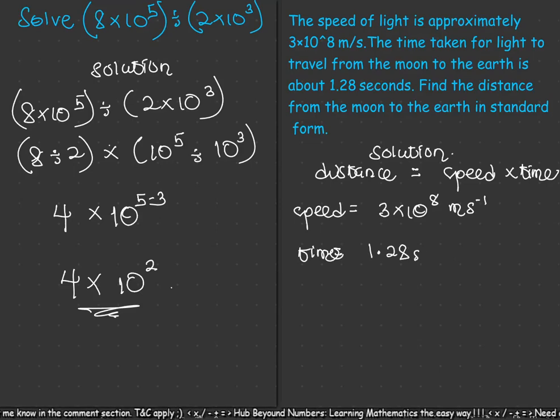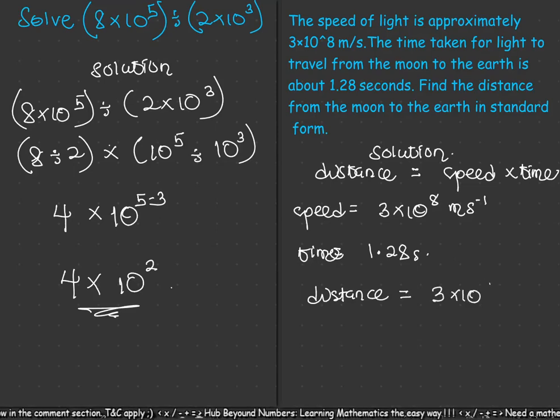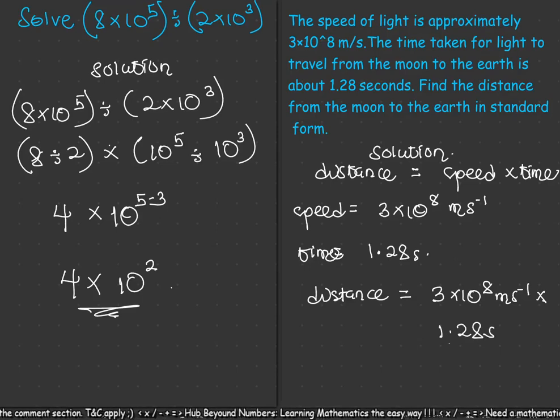Our time is 1.28 seconds. So it simply means the distance that we want is going to be equal to the speed, which is 3 times 10 raised to the power 8 meters per second, times 1.28 seconds.